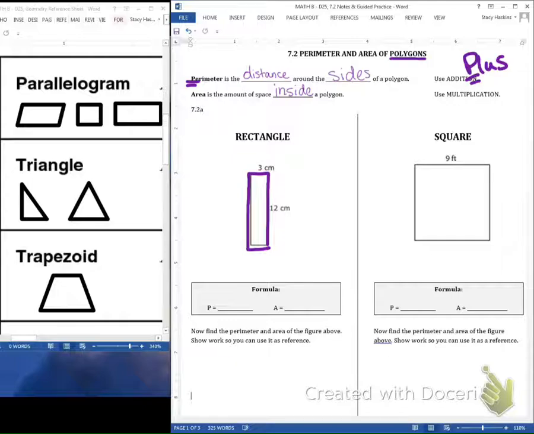But we notice what we are given are only two sides of the rectangle. If you ever do not know one side of a shape, simply look for the side that is parallel to it. For example, this 12 is parallel to this side over here. Therefore, the other side of this rectangle is also 12 centimeters.